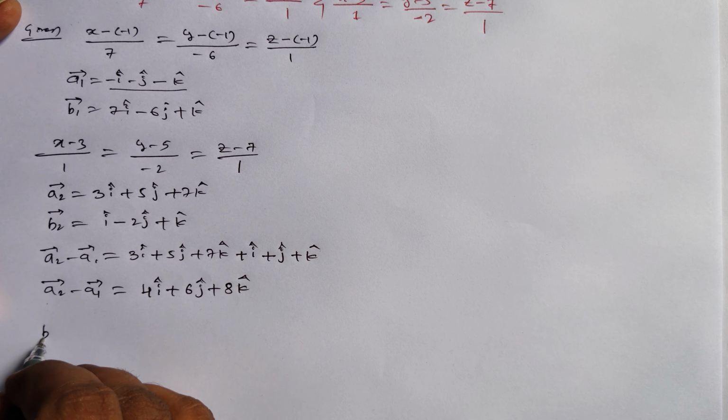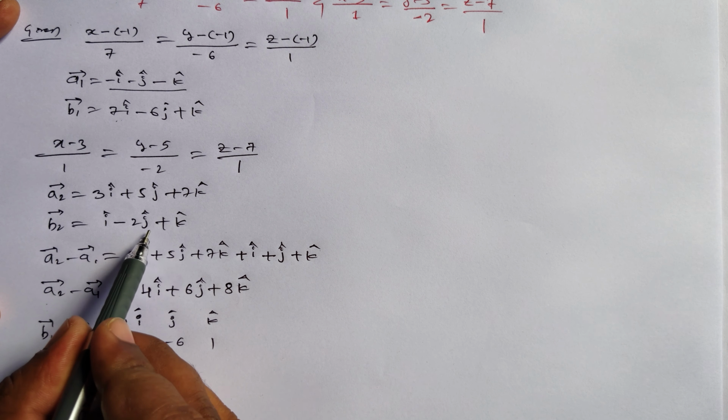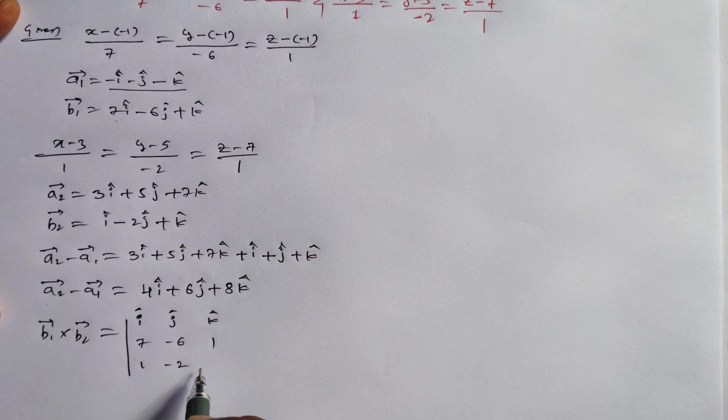So now b1 cross b2 is equal to the determinant of i, j and k. Right? Write the coefficients of the b1 vector here, 7 minus 6 and 1, and the b2 vector, 1 minus 2 1.